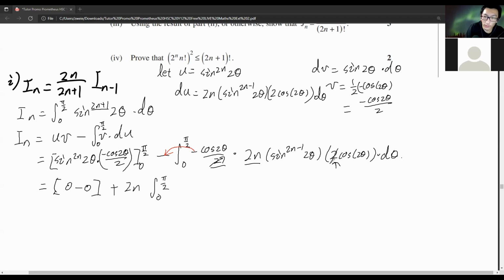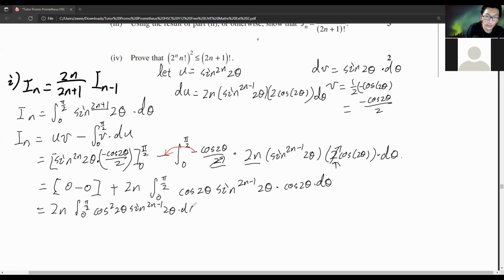So what I get is cos 2 theta times sine to the power 2n minus 1 of 2 theta, and then times cos 2 theta again, times d theta. So what I get is 2n integral from 0 to pi on 2 of cos squared 2 theta sine to the power 2n minus 1 of 2 theta times d theta.